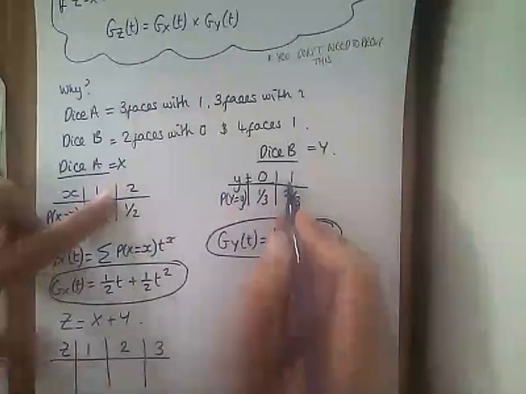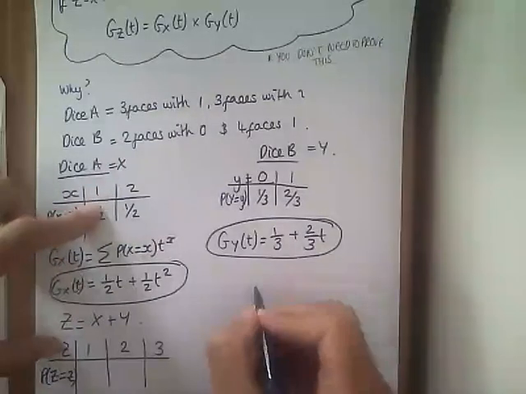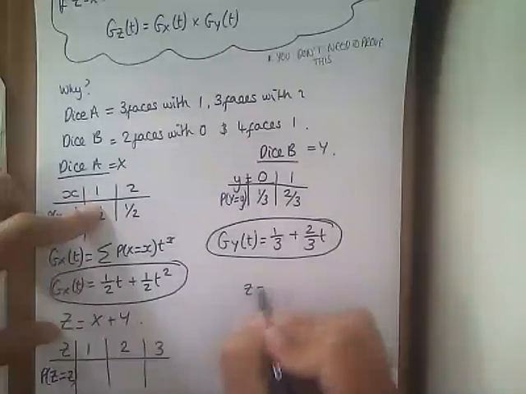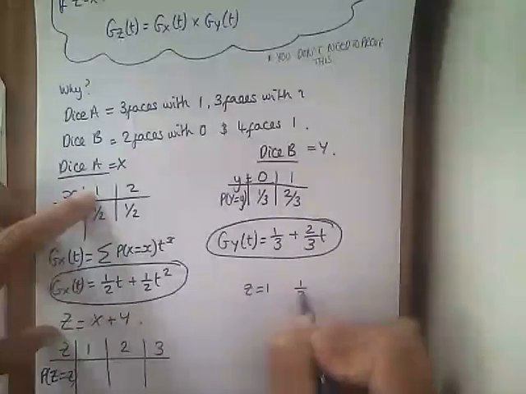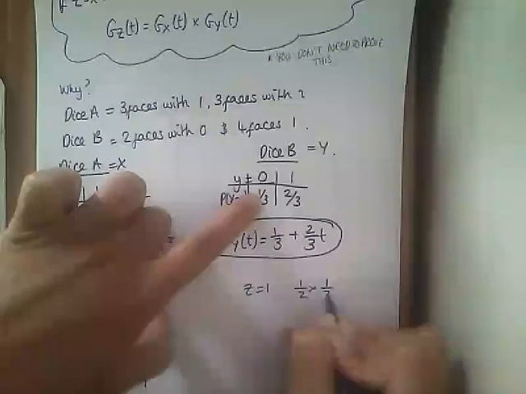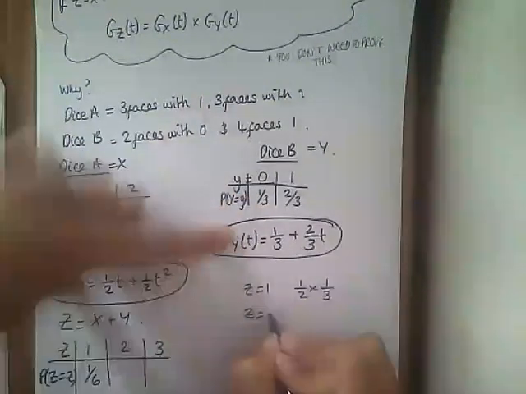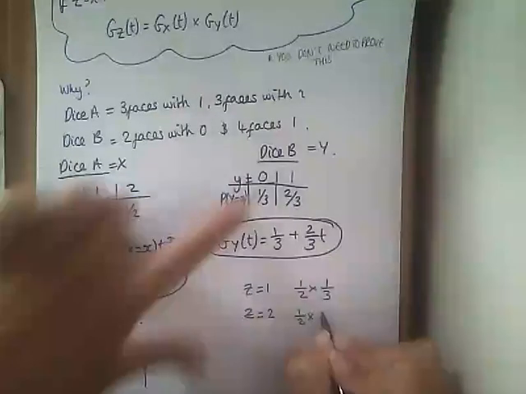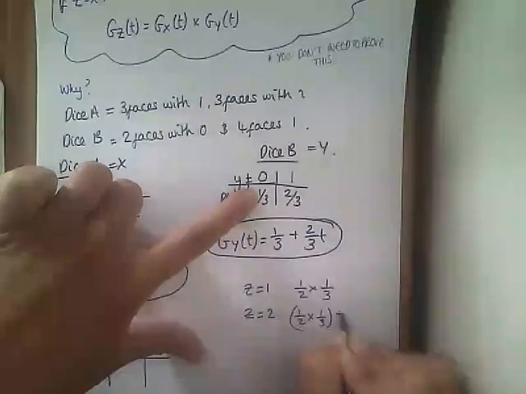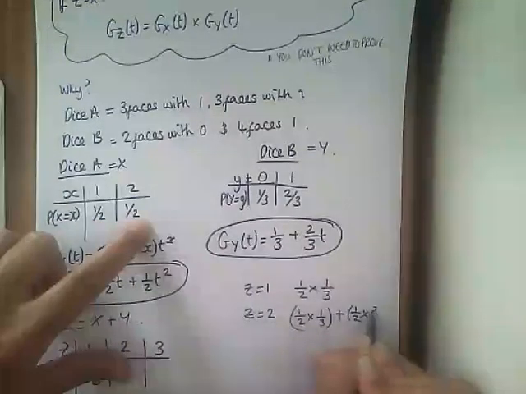Now let's work out the probability mass function for Z. To get a 1, you need to roll a 1 here, so that's a half, and a 0 here, so it's a half times a third, which is 1/6. If we want Z to be 2, you'd have to do a 2 here and a 0 here, or a 1 and a 1, like a tree, a half times 2/3 there.